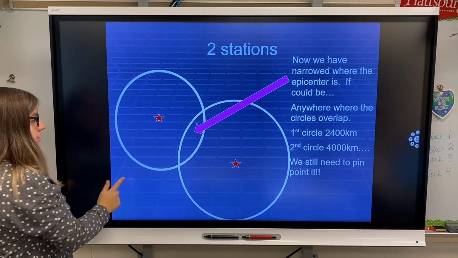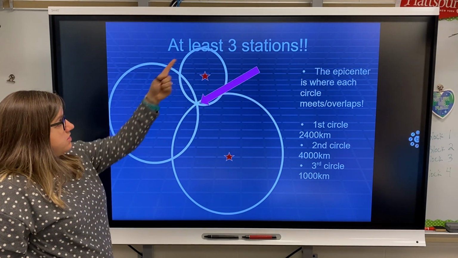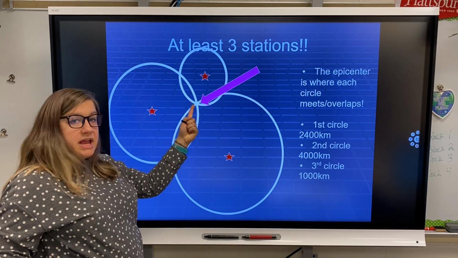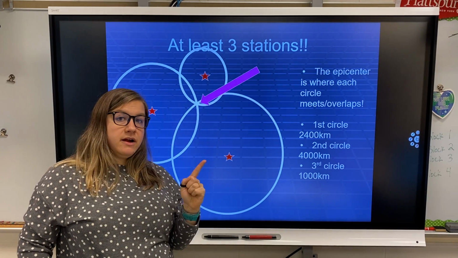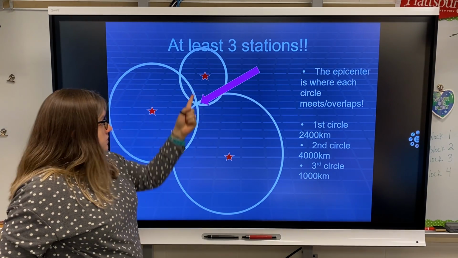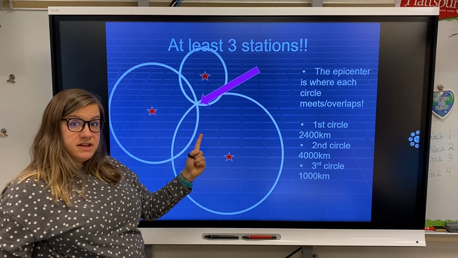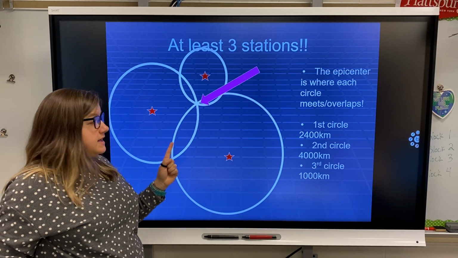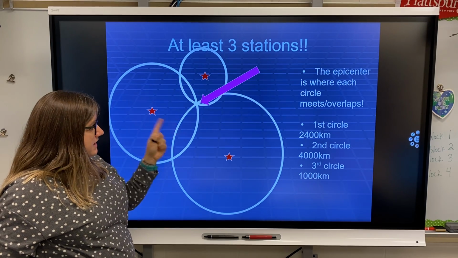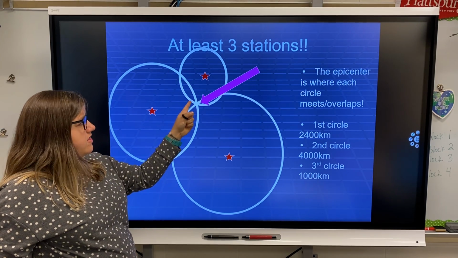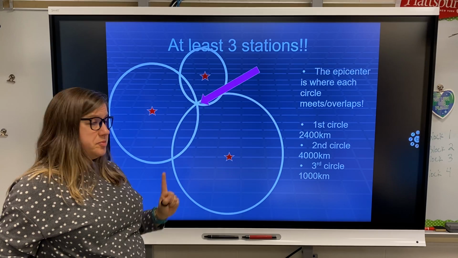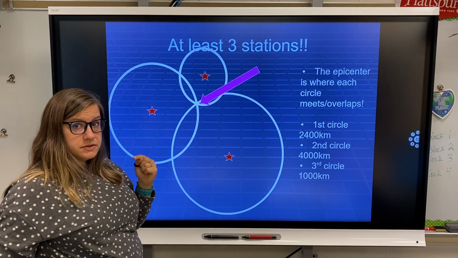But if I add a third station, my third station actually gives us a pinpointed location of where the epicenter will be. So there's these 3 earthquake stations that measured the distance away the earthquake was, and we checked all 3 of the radius around them, and that's where our epicenter is going to be, where all 3 of those circles meet.